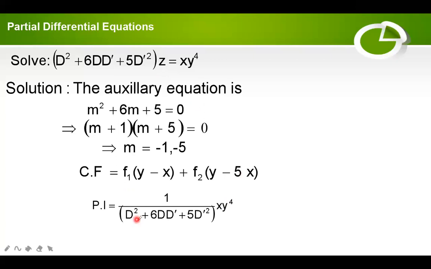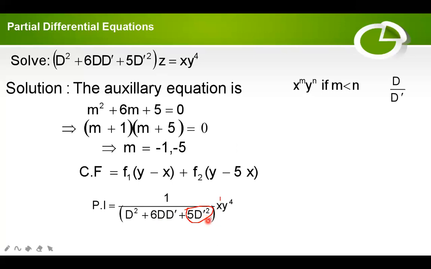So this is 1 upon D square plus 6 D D dash plus 5 D dash square into x into y raised to 4. In this case the m value is 1 and the n value is 4, therefore m is less than n. So we have to make it in the form of D by D dash, by taking common the highest order of D dash.